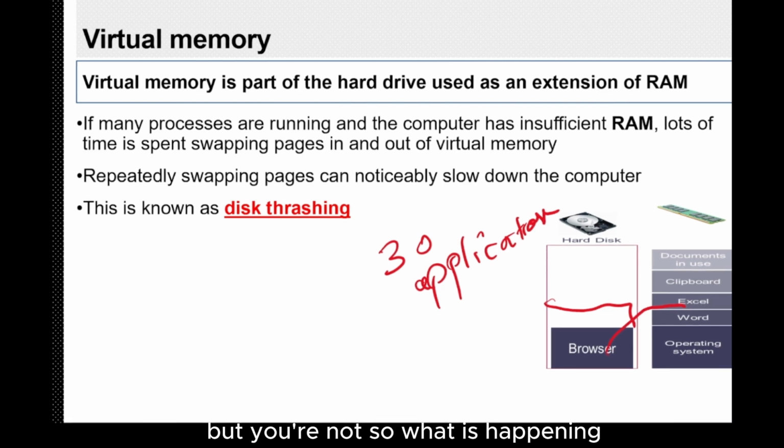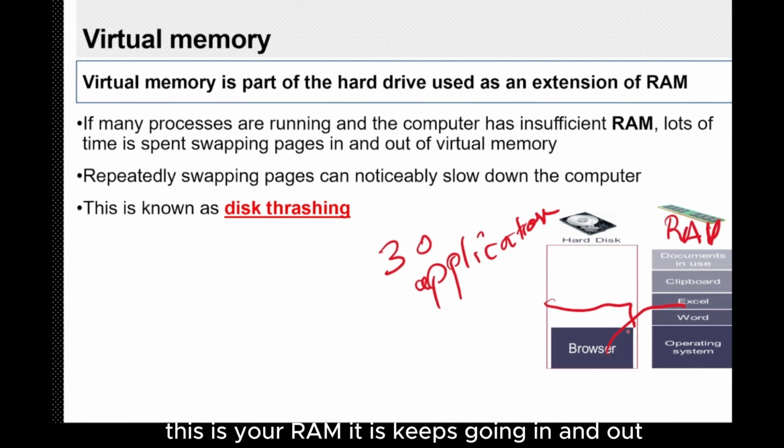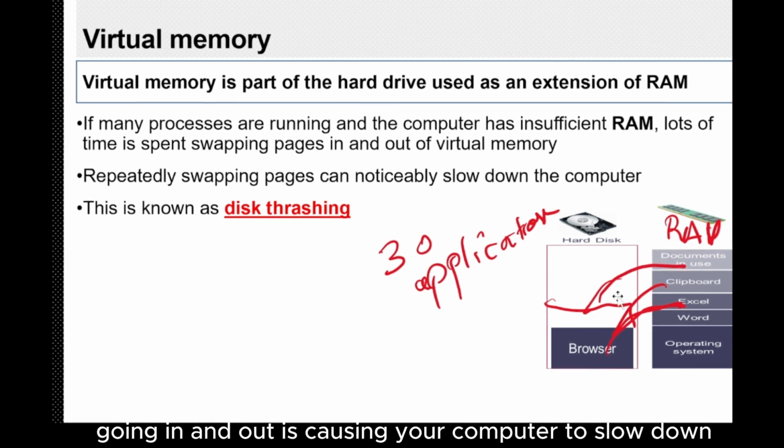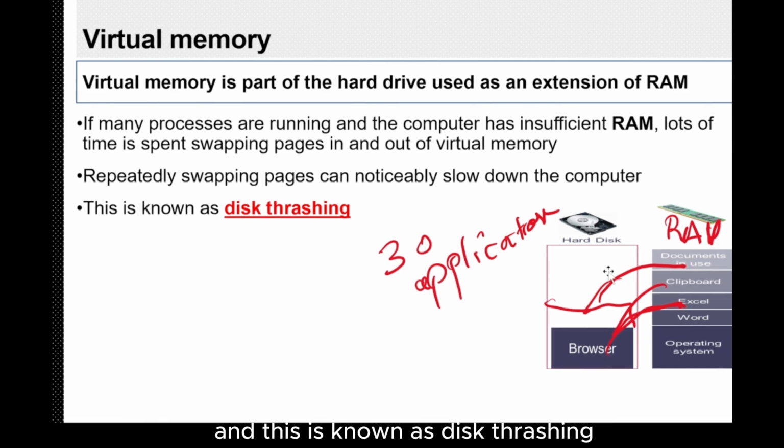It keeps going in and out, in and out of your RAM, and this going in and out is causing your computer to slow down. This is known as disk crashing. Keyword to remember: disk crashing.